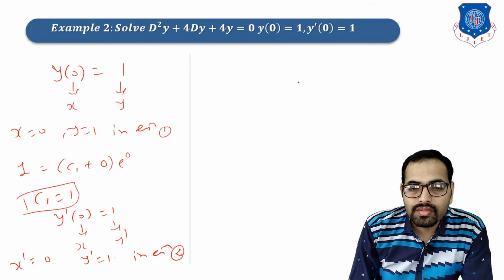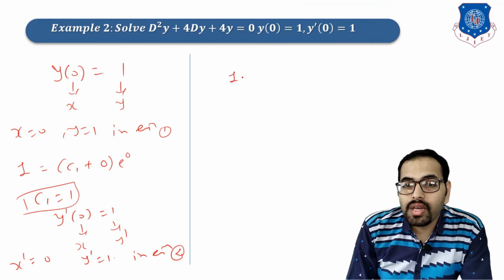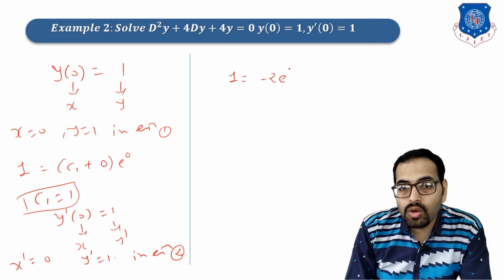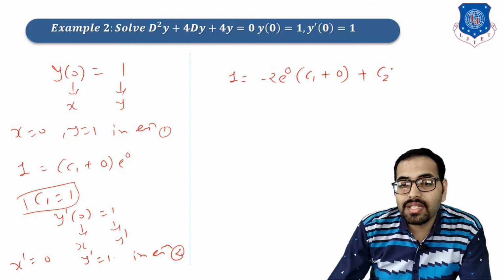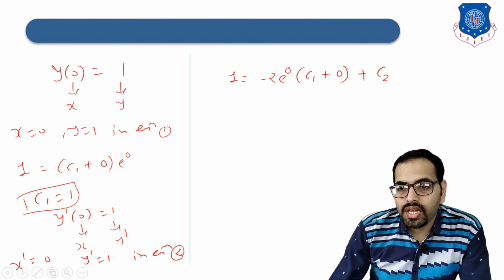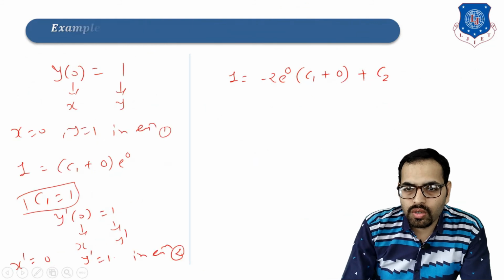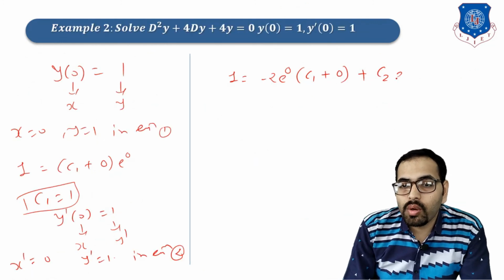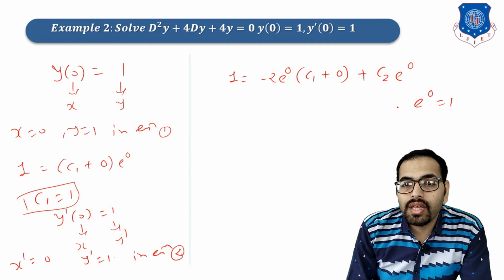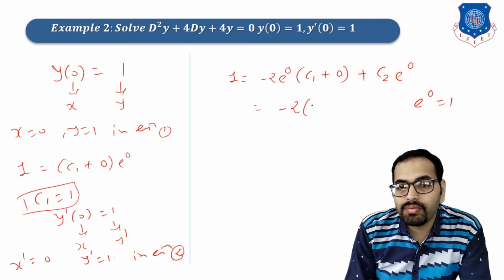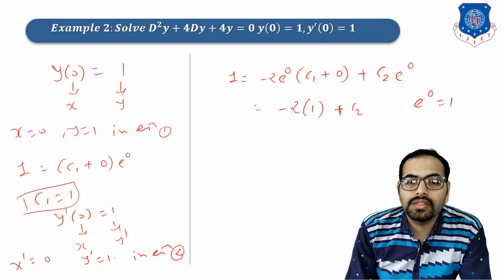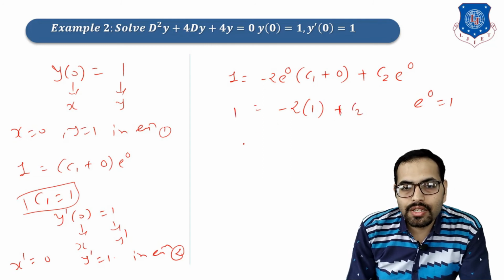Then here 1 = -2 e^0 (c1 + c2 x), where c2 x is 0, plus c2 kept as it is, into e^0. The value of e^0 is 1. Here the value of c1 is 1, so 1 = -2(1) + c2, then c2 = 1 + 2, so c2 = 3.